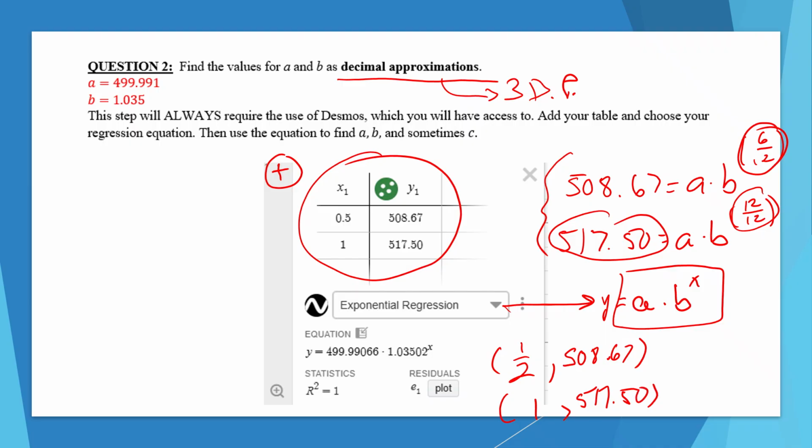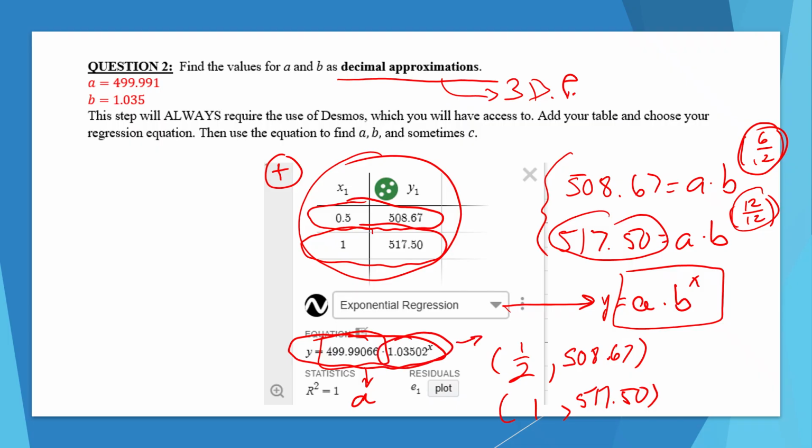So remember, you have to match your points to mimic Desmos's regression equation because they don't have a lot of flexibility in that, but you can in how you enter your points in Desmos. So that's why we should have these 2 points here, 0.5, which is 1/2, comma 508.67, and then 1, comma 517.50. Once we have this, we should get our regression equation, which in this form, 499.991 is going to be our value of A, and then 1.035 should be our value of B.